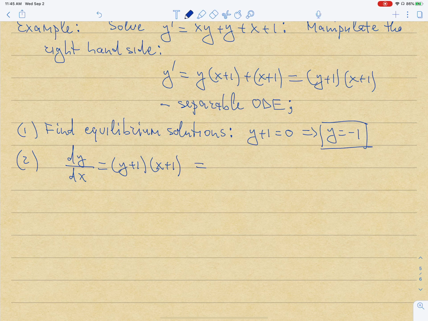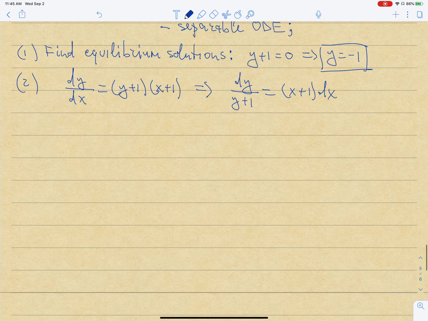So this is dy over y plus 1 is equal to x plus 1 dx. So variables have been separated, so now I can integrate.